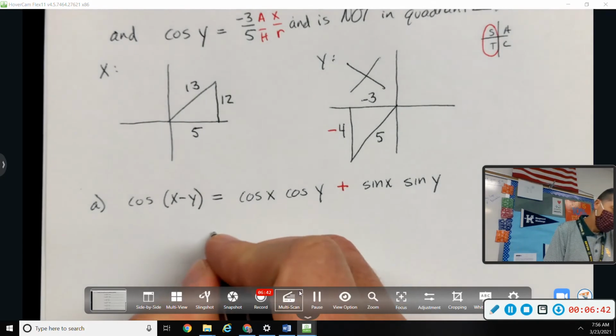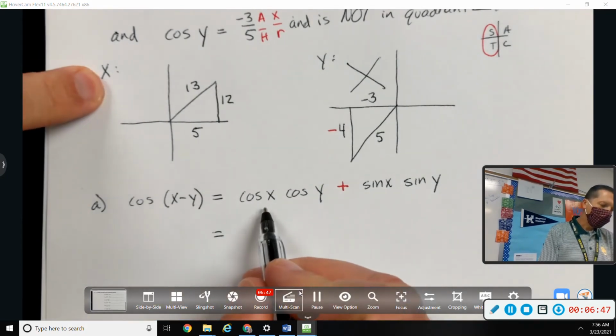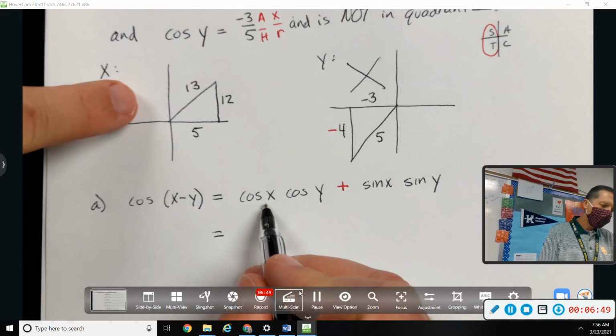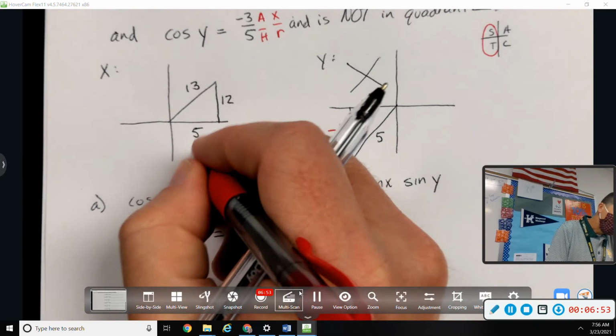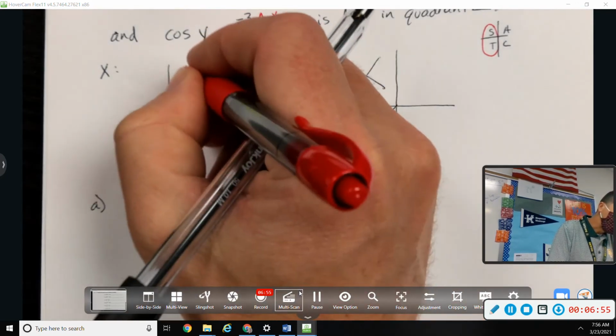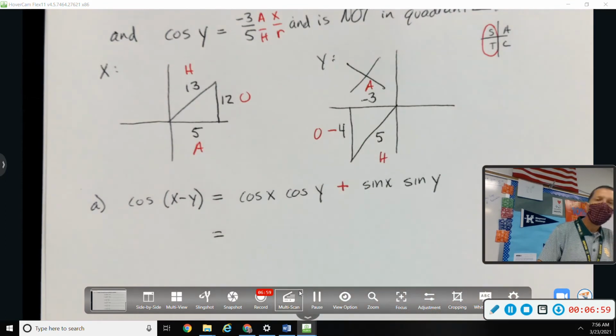All right, cosine of x. So I look at my x angle. Cosine I know is adjacent over hypotenuse. Maybe I should label these, make my life a little easier. Don't have to, but it's one less thing to think about if I label them.